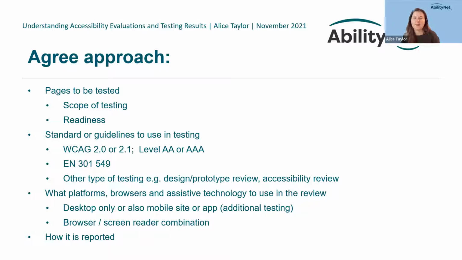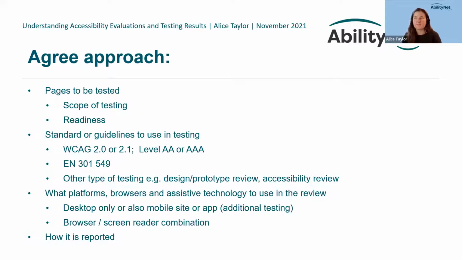And also think about the readiness of your project. So is it in the prototype stage and is it ready to be tested? In this case, how deep do you want the testing to go at this stage if it's just a prototype? And you also want to think about the standards or guidelines to use in testing.